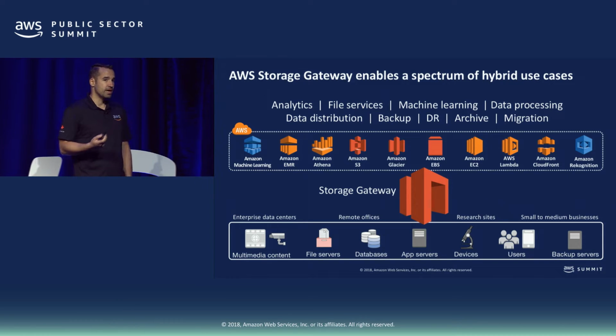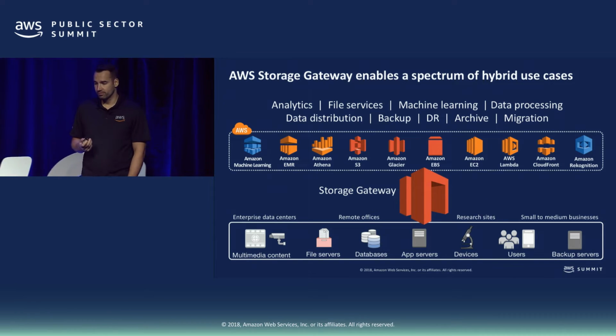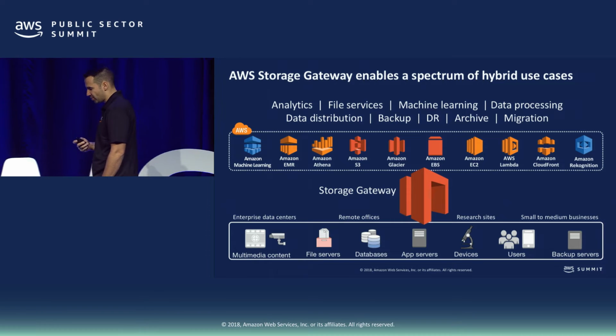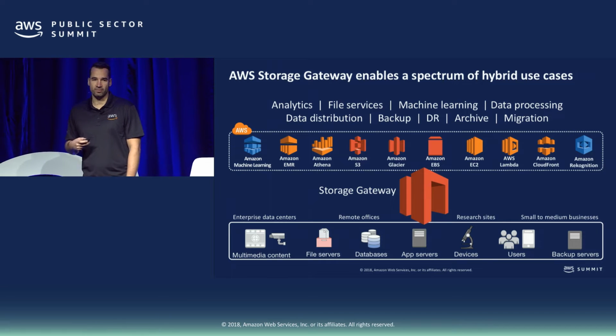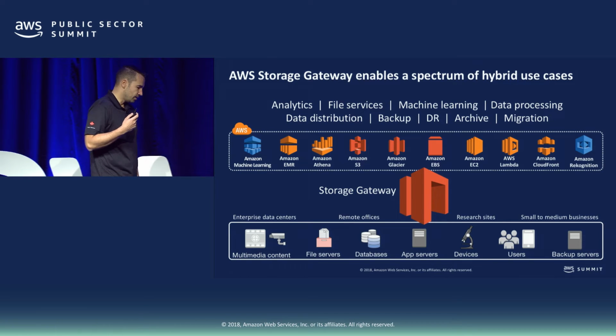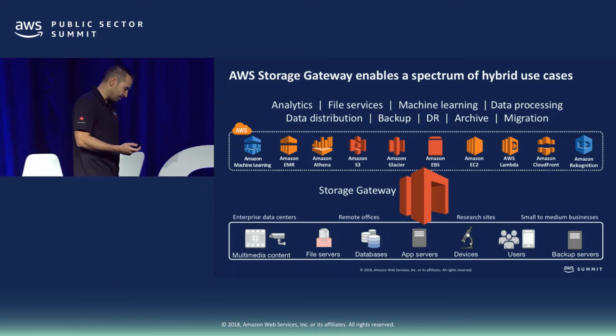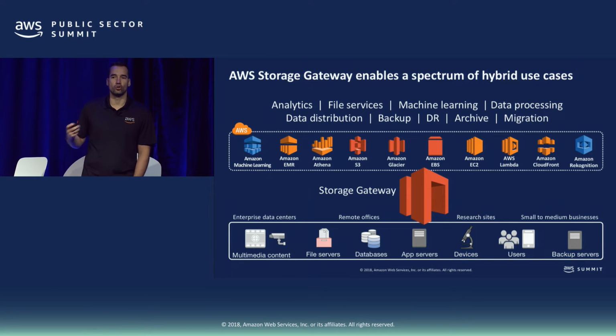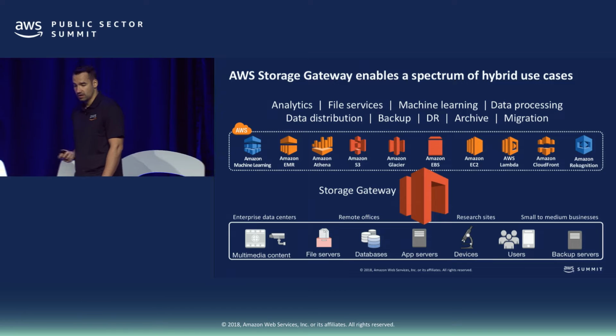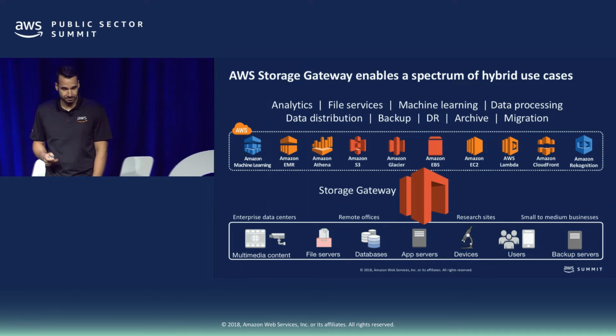So now people are realizing that I can take the data I'm creating on-prem, which does not have these higher-level services available to it, move it into the cloud in an effective and efficient way, and then use these cloud services in order to do something with that data, right?